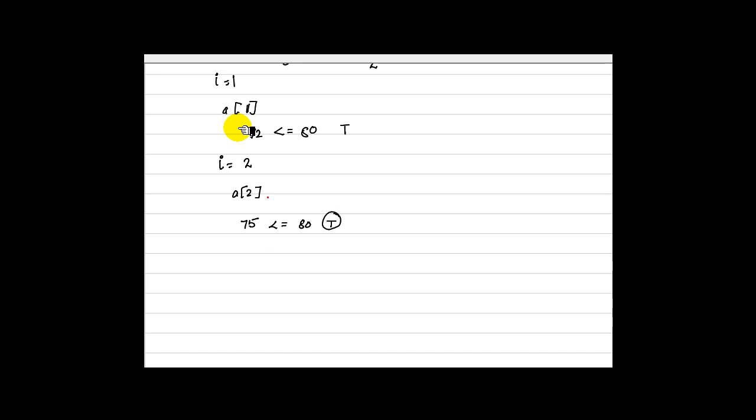Now we have only 2 elements, so it moves on to the J loop, wherein J has the value 2. Now it checks what A of 2 is. A of 2 is 75. It checks with 80, the pivot element, whether 75 is greater than or equal to 80. It is false. So we have to check with I and J. I is 2 and J is 2, so is 2 less than 2?